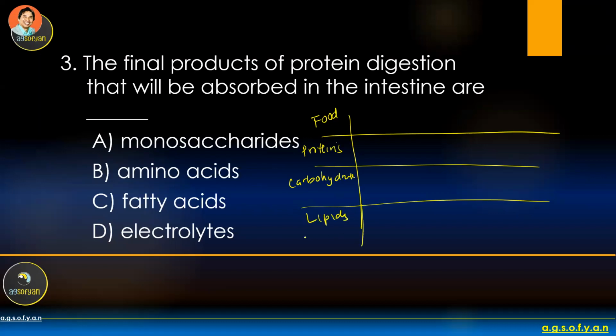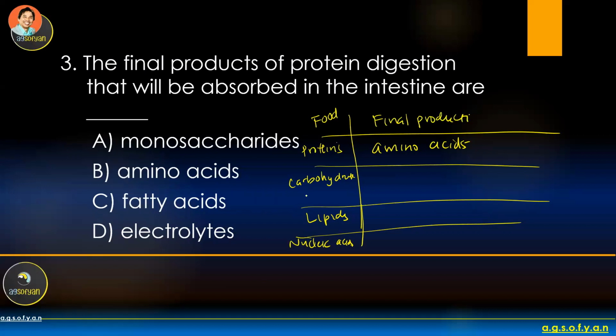Yeah, there's also nucleic acid. Okay, so the proteins after digestion will produce the subunits. The final product of protein digestion is called the amino acid. This is the one that will be absorbed in the intestine.